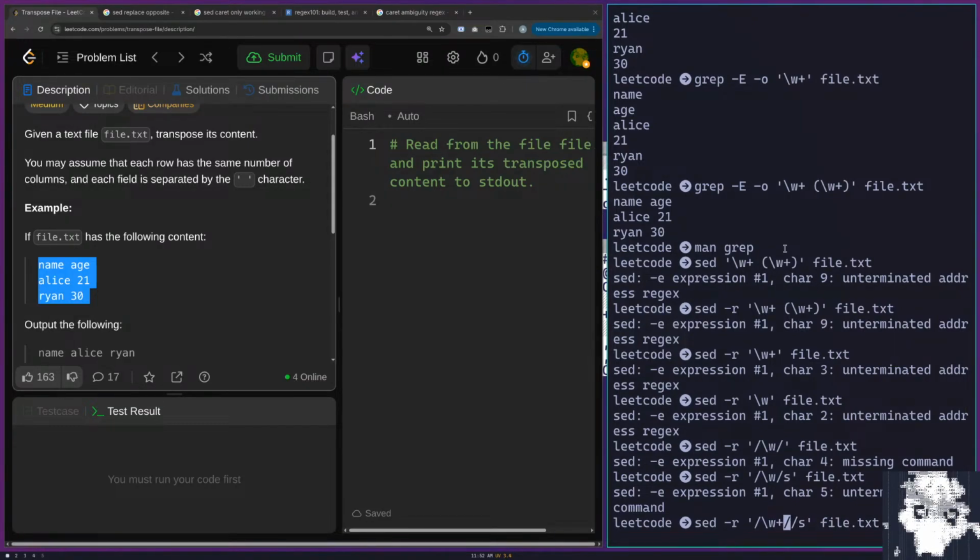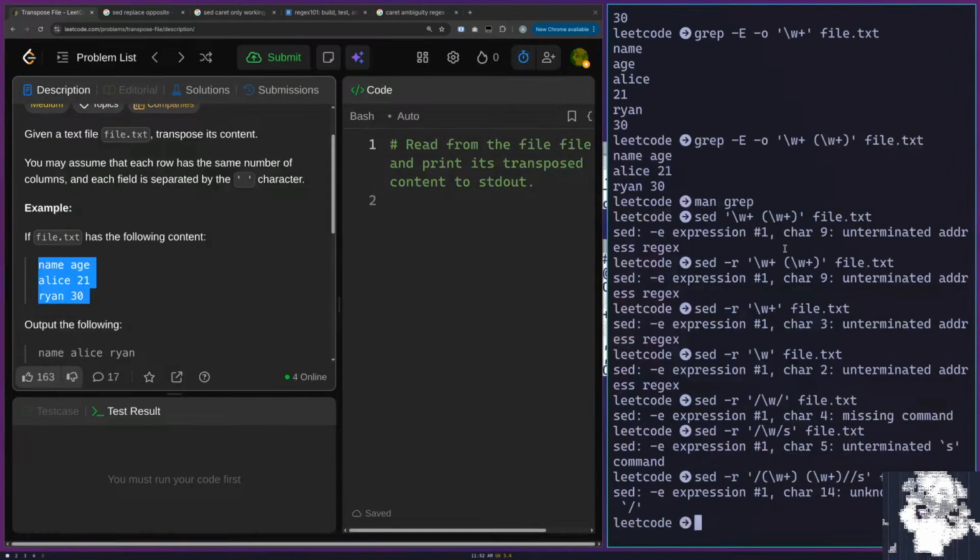You have \w+, and then you have parentheses \w. Actually, let's do them one... Unknown command. What?